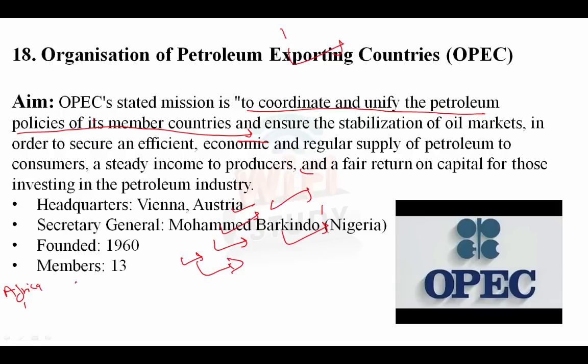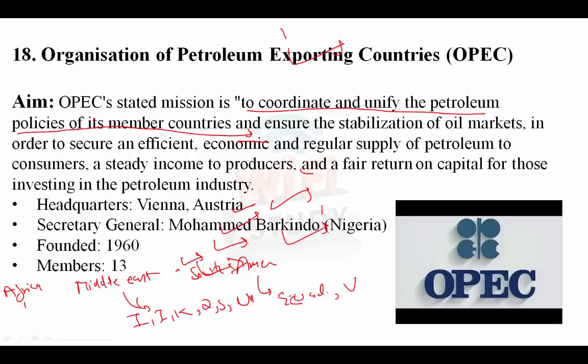So there are 5 countries from Africa, a few countries from the Middle East, and 2 countries from South America. Ecuador and Venezuela are from South America. From the Middle East, Iran, Iraq, Kuwait, Qatar, Saudi and UAE. These are the 6 countries from the Middle East, and there are 5 countries from Africa.